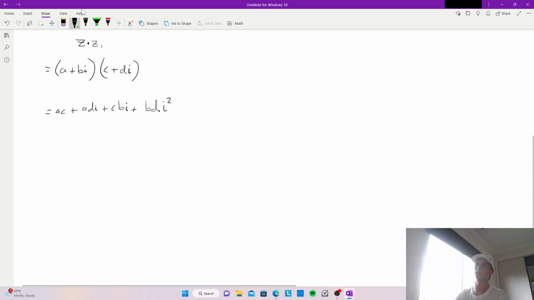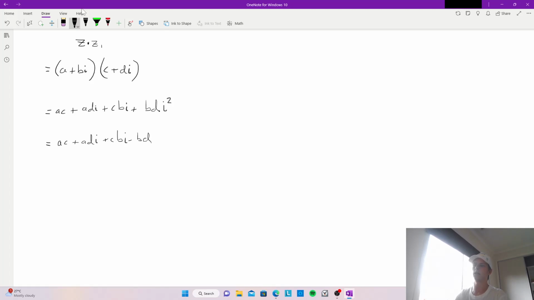Just from what we did previously, we remember that i squared is just minus 1. So we can simplify this further to be AC plus ADi plus CBi plus BD, and then the i squared, which is minus 1, which doesn't result in a plus, it results in minus BD.